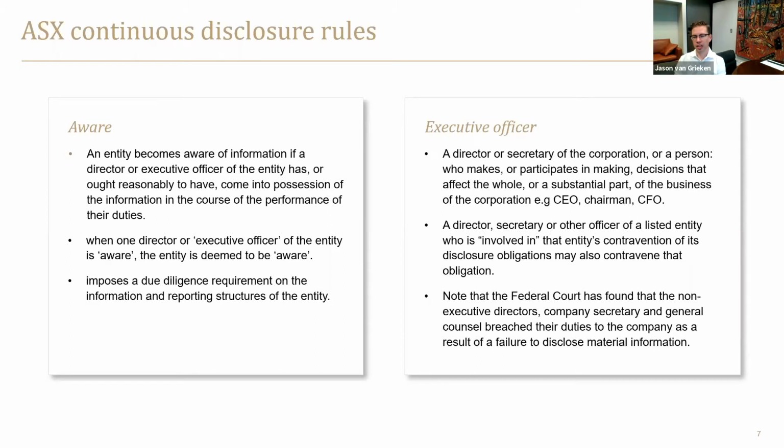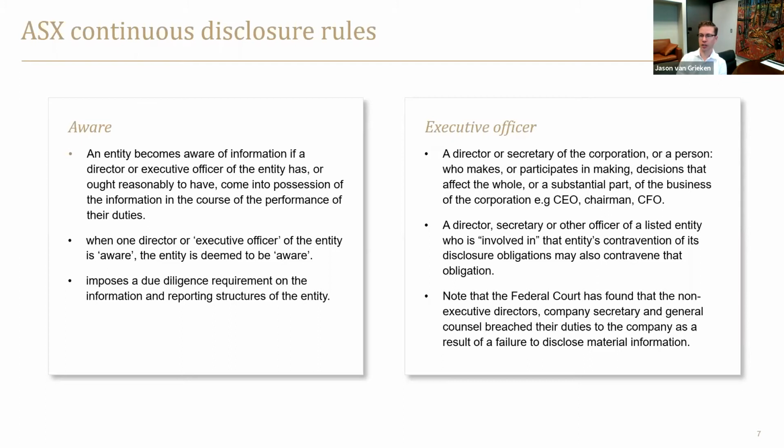What that ties into is that it is critical that a company have appropriate reporting functions in place. There have been circumstances where companies have argued that directors may not have been aware of information, but part of that has been a result of, for example, insufficient reporting procedures to make sure that material information flows through.